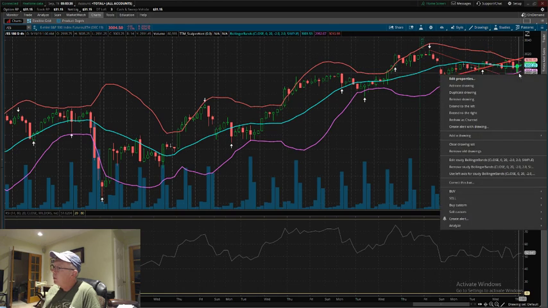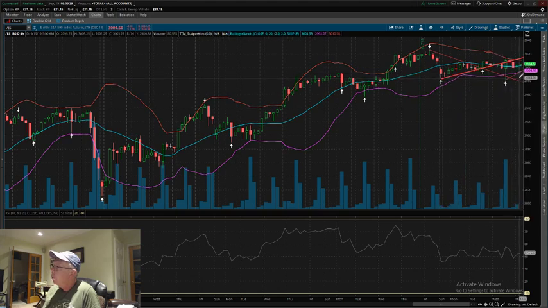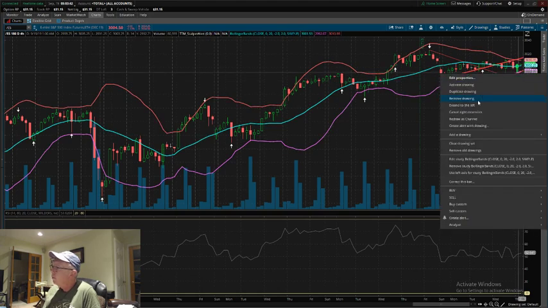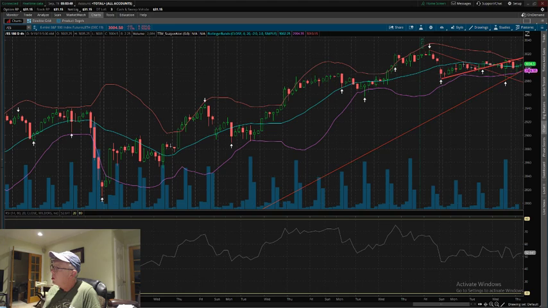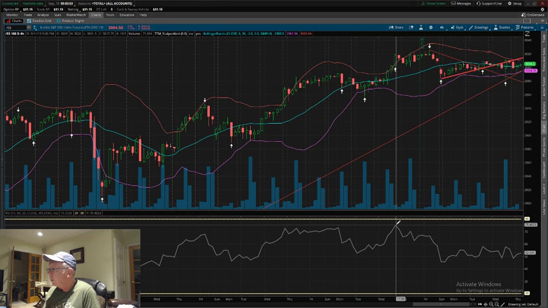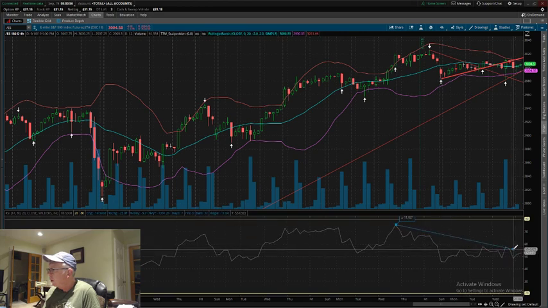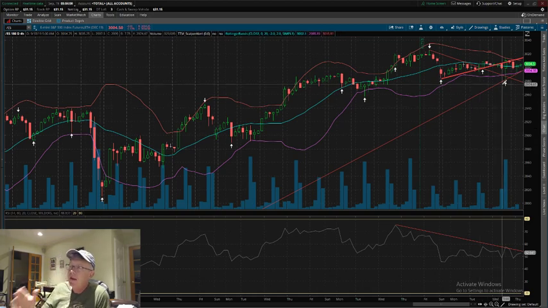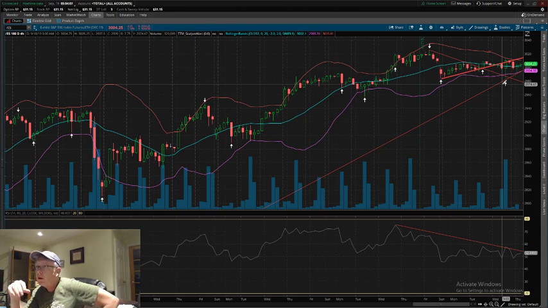So I'll be watching where I short or looking to get short of the market. I'll be watching for a break below this lower band of support. RSI is in a downtrend, but on a daily basis, obviously the daily basis is going to take precedence over a 4-hour chart.